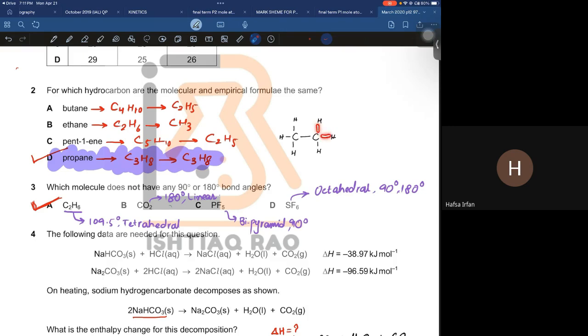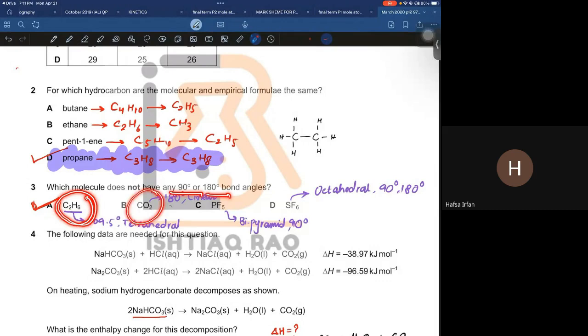It has 4 bond pairs and 0 lone pairs. With 4 bond pairs and 0 lone pairs, the shape is tetrahedral and the bond angle is 109.5 degrees. So this molecule does not have any 90-degree or 180-degree angle.